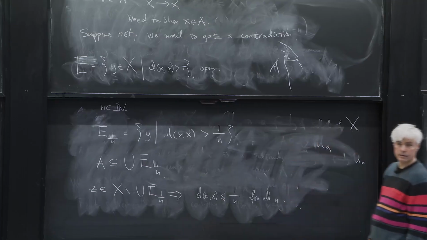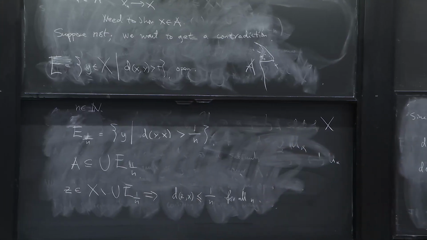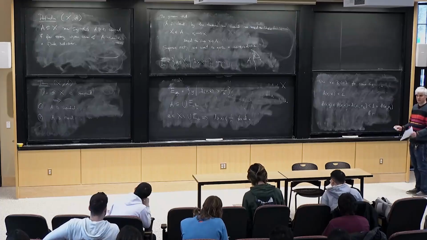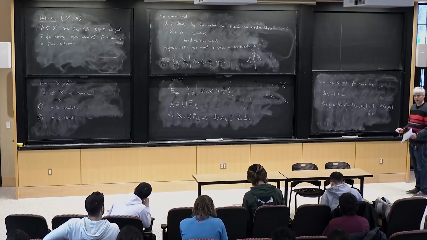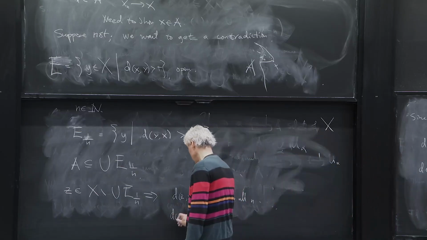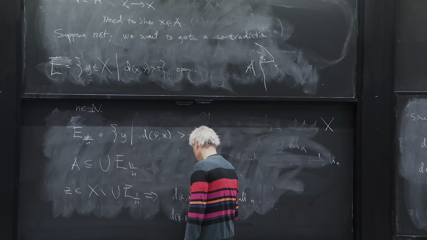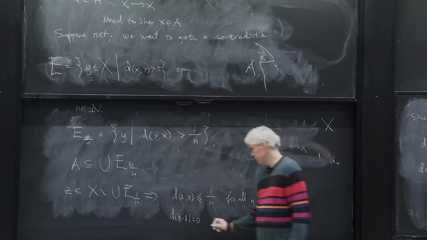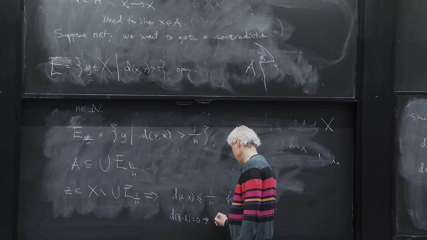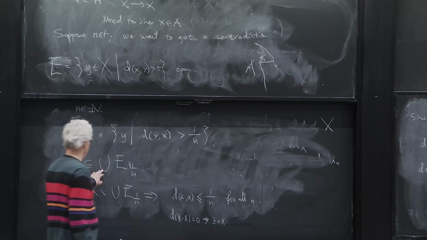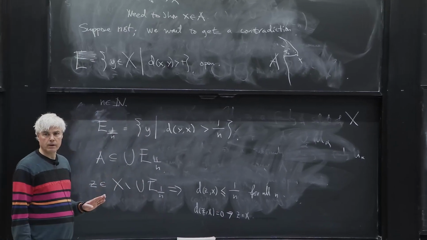Right? That's a complement of the union. But if it's less than 1 over n for all n, it must be 0. So you conclude that this distance is 0. But this means that the complement of this union is simply just the point x.